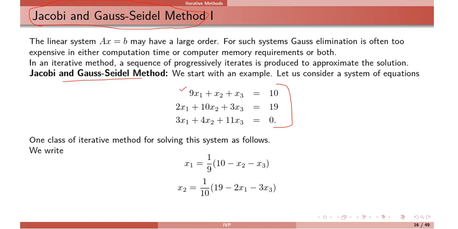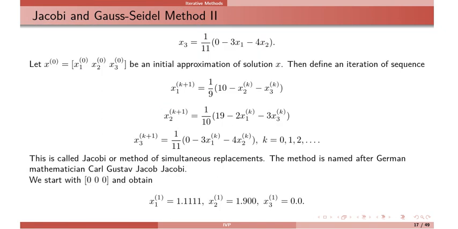So take everything in the right hand side. Solve second equation for x2 and third equation for x3. And usually we do in fixed point by writing x equal to g of x.